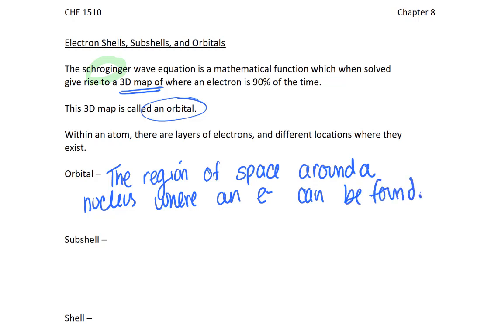So this is where an electron lives in the most specific area, and an orbital can only contain a total of 2 electrons.